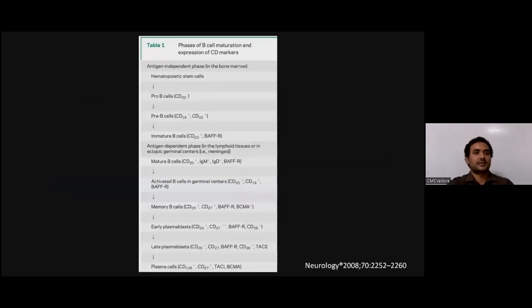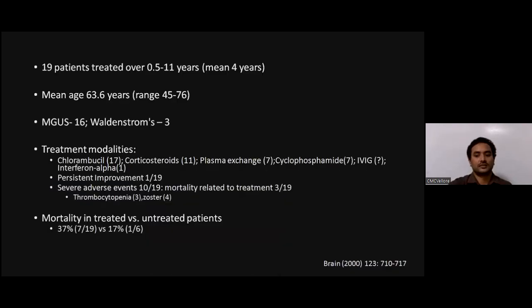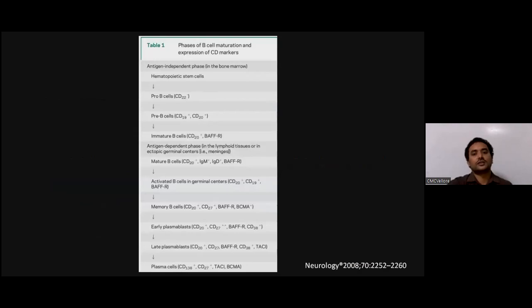Next, rituximab is there, but still not FDA approved. It has somewhat promising results. The new drug we are using now is rituximab. This shows the phases of B cell maturation and expression of CD markers, in the flowchart from pro B cells onward.